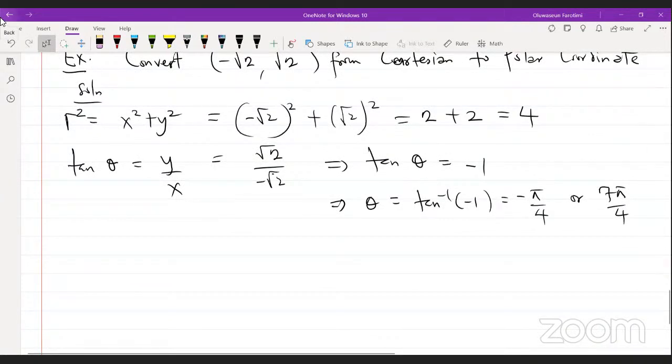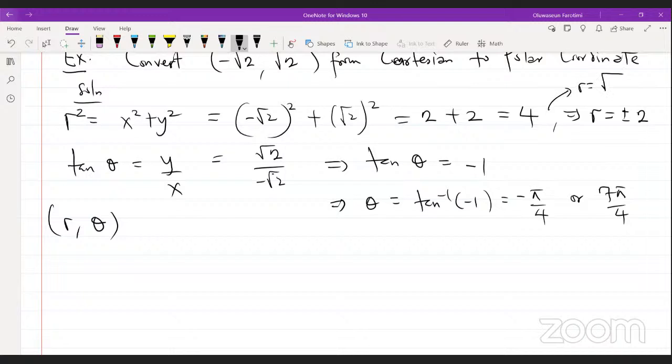Now, what does this mean, guys? Remember, in polar coordinates we write r comma theta. So what is r? Over here we have r squared equals 4, and that means r equals plus or minus 2, because it's plus or minus the square root of 4.